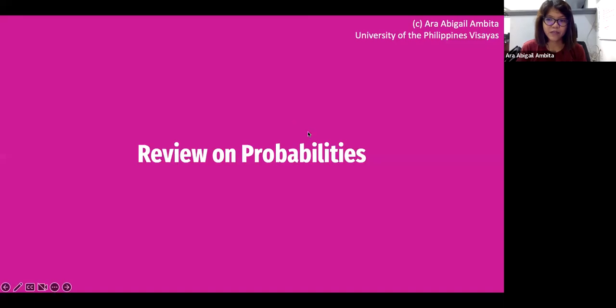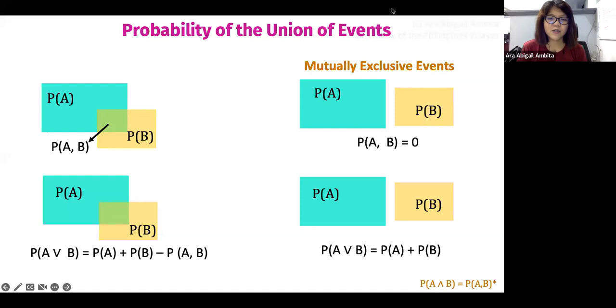So let's have a quick dive on the review for probabilities. So first is the probability of the union of events. Suppose we have two events occurring, A and B. The probability that A occurs will be P of A, and the probability that B occurs will be P of B. And there is also a possibility that A and B will be occurring at the same time.